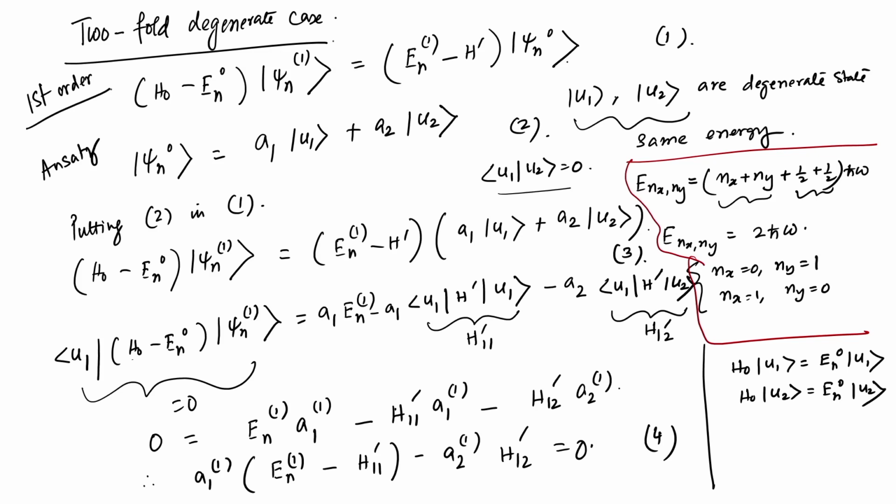Now, the same thing we can do on equation number 3 and take an overlap with U2. So, this is taking overlap with U1, that is this, okay, and then we go to this and say that taking overlap with U2.